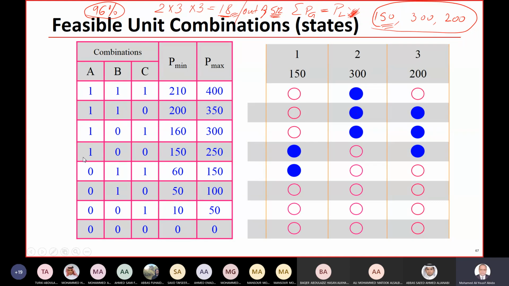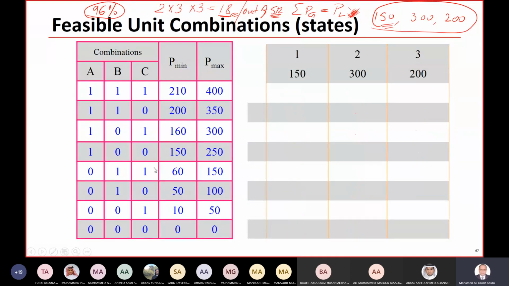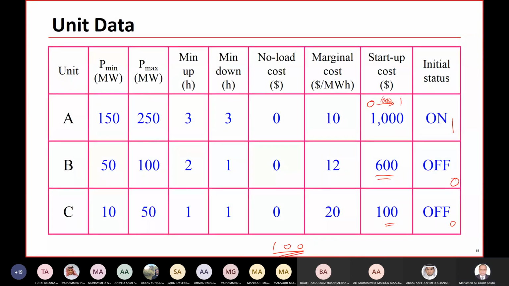So you have here unit number 1, A, is on, and if it is on, if you go back to the constraints, if A is on, you have to keep it on for 3 periods. And if you switch it off, you have to keep it off for 3 periods. And also for B, if you switch it on, you have to keep it on for 2 periods.